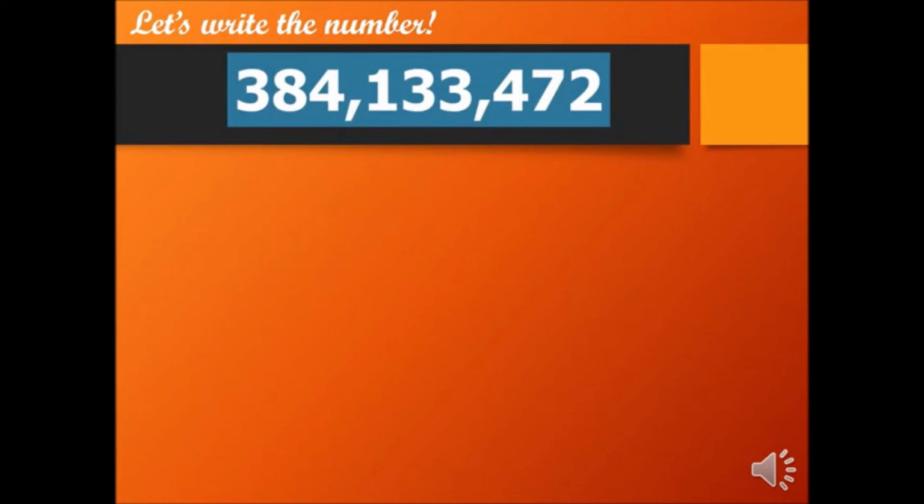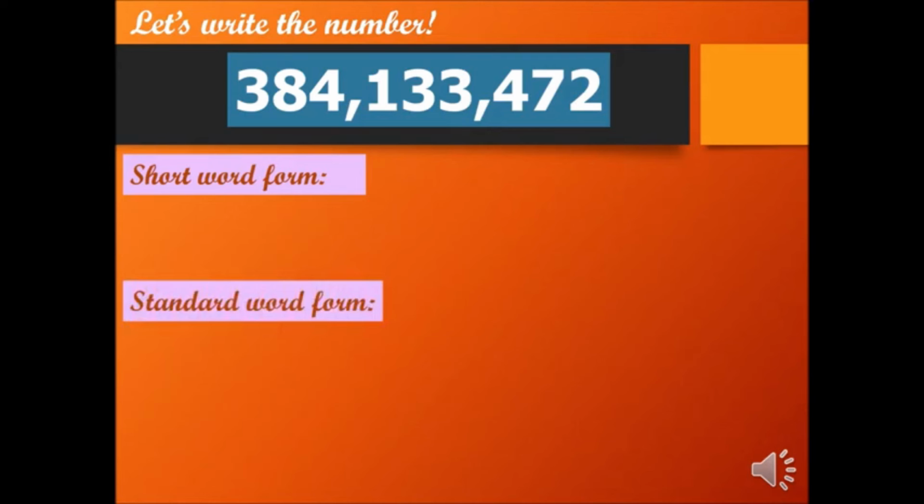Since you know already how to read large numbers, let's identify now how you will write the number. This number is written in standard form. This number can be written in short word form or in standard word form. So what is the difference between the two?